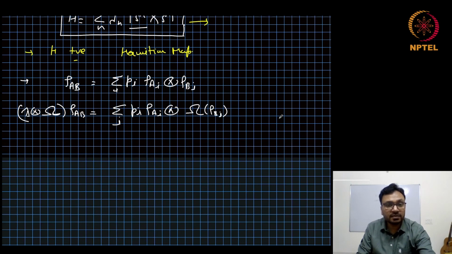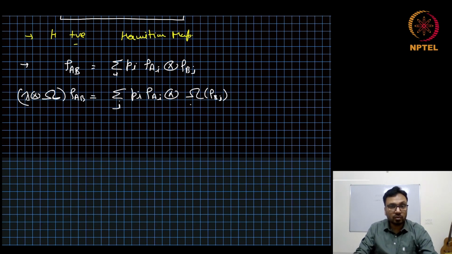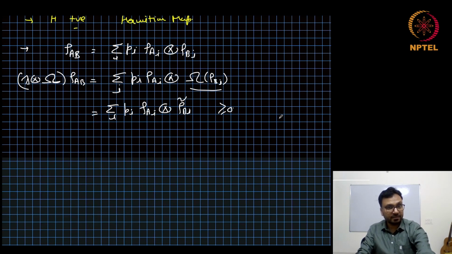Since we know that omega is a positive map, omega of rho B i is always positive because rho B i's are valid density matrices. So we can write it as sum over i of p i rho A i tensor rho B i tilde, some other density matrix of the B subsystem. So the whole thing is a positive operator.